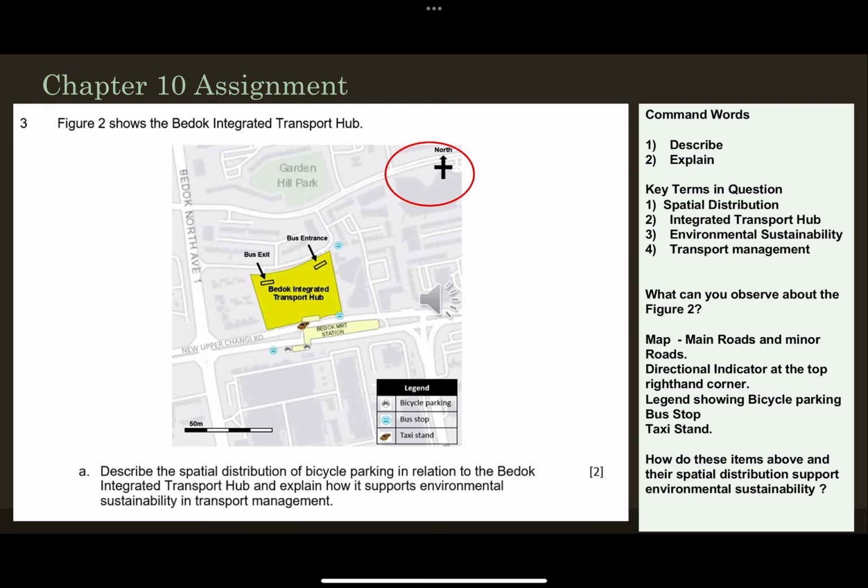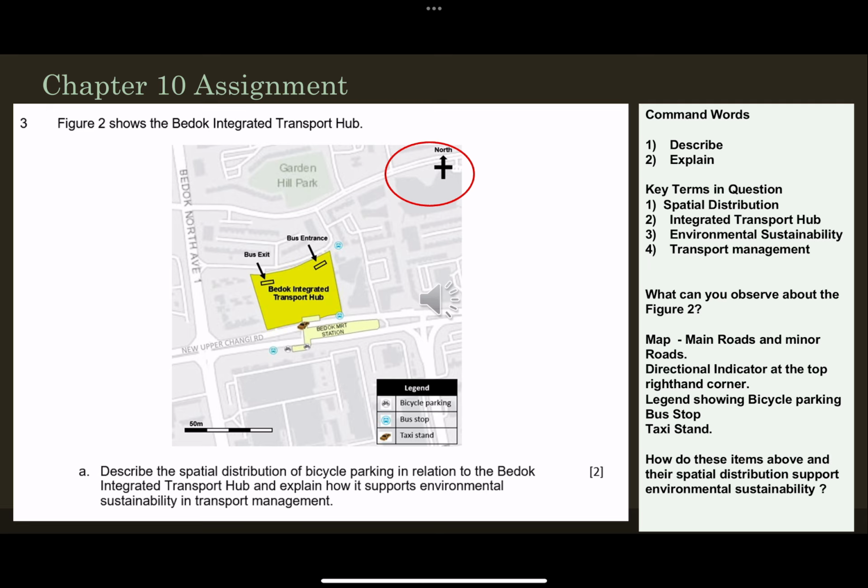And then you see the bus stops that are shown by the blue color and a vehicle looking symbol in the middle of the blue circle. So in the map itself, we can also see that there is a vehicle that is brown in color, and in the legend it tells us that it is referring to the taxi stand.